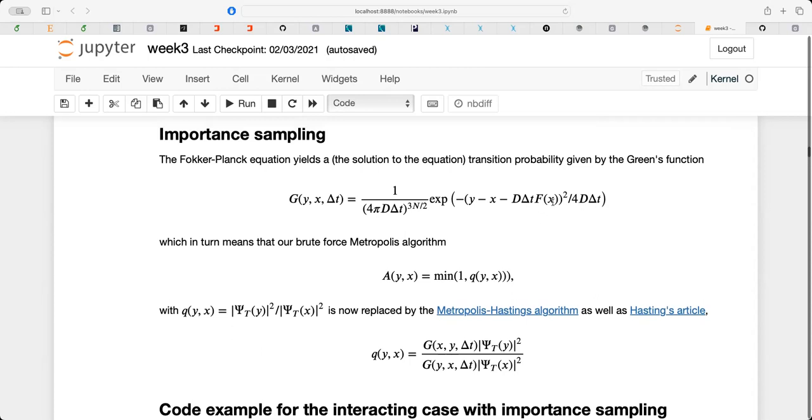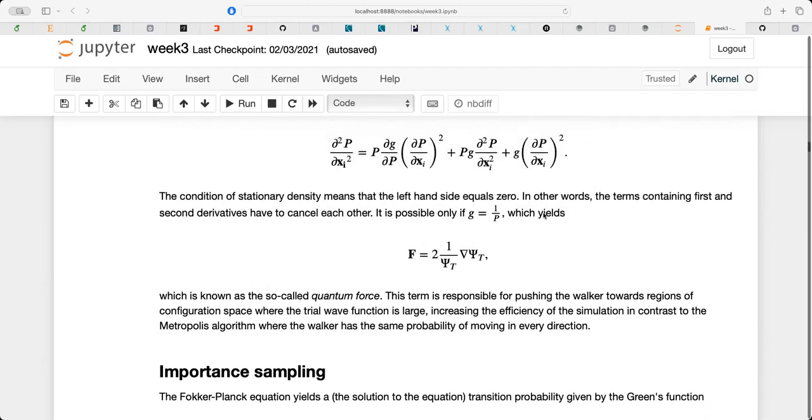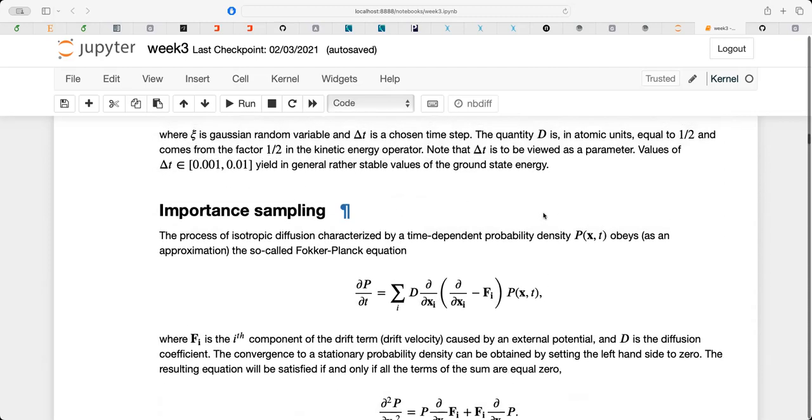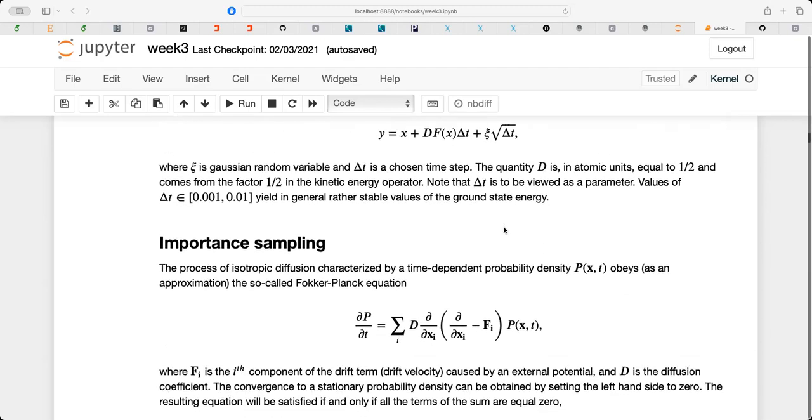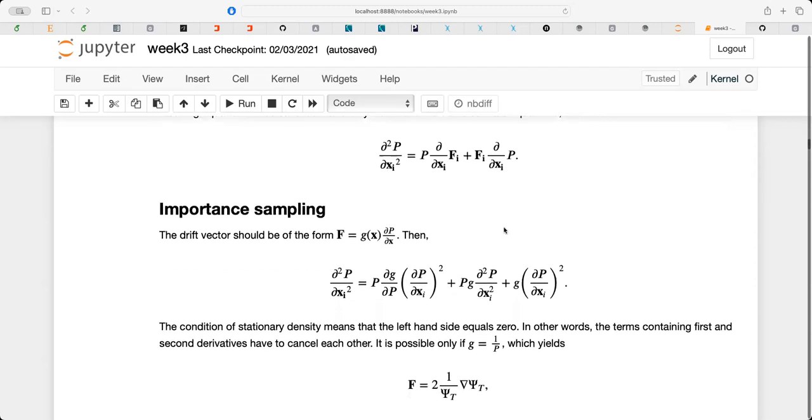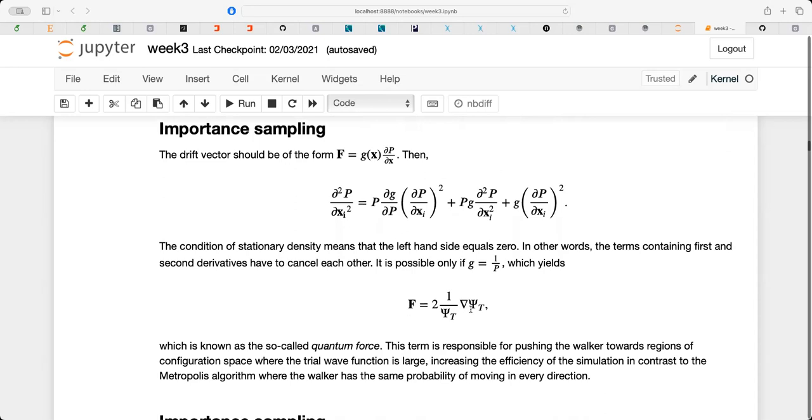So adding this quantum force here means that we have this so-called drift term. In our case, from the Fokker-Planck equation, which is here, and with the P given by the wave function squared, we can then show that this F has to be proportional to the wave function. So you see now that there is an additional complication.